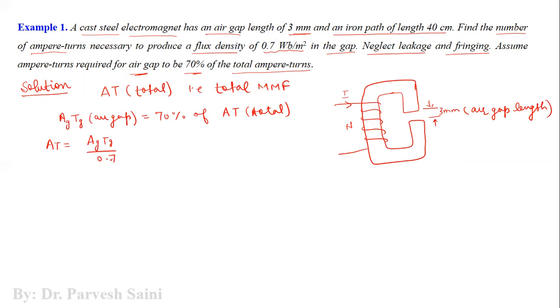That means to find out the total AT, we need to find out the ampere turns of the air gap. The AT of air gap can be obtained as the magnetizing force of the air gap times the length of the air gap, where Hg is the magnetizing force of the air gap.